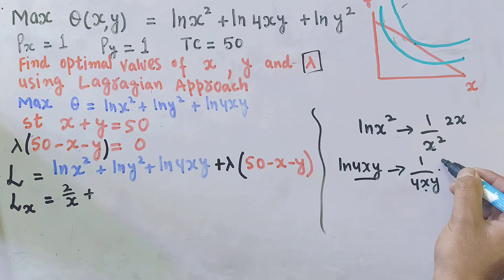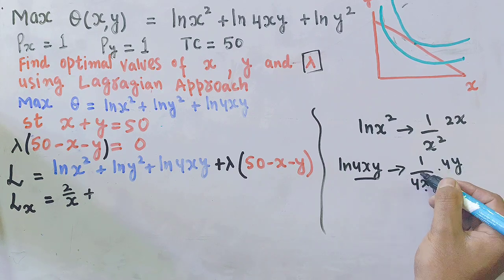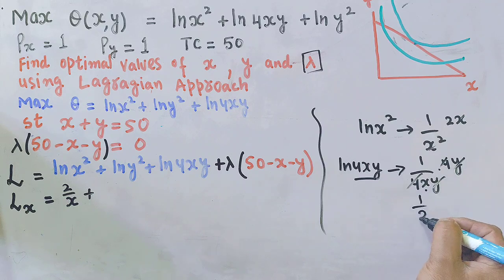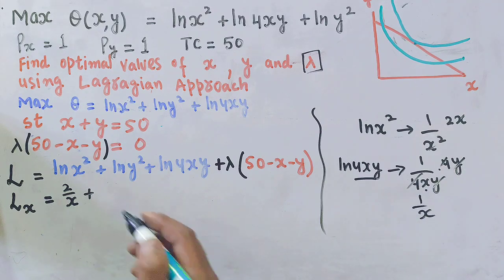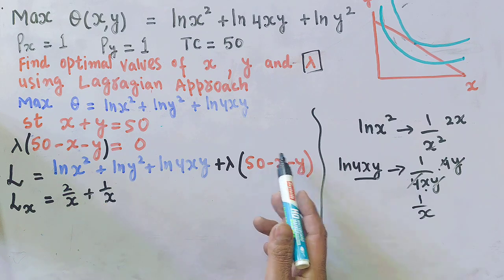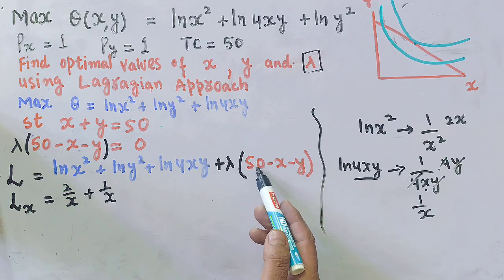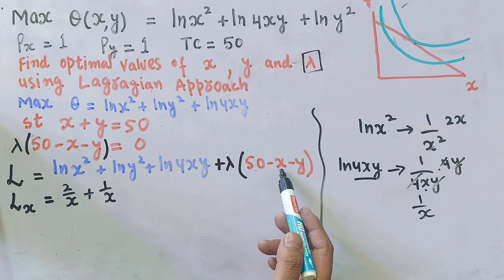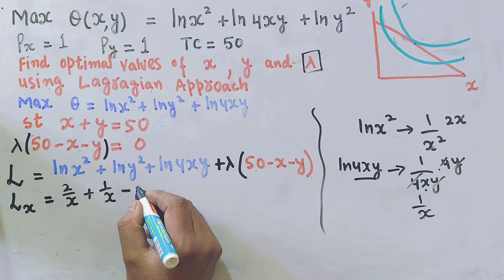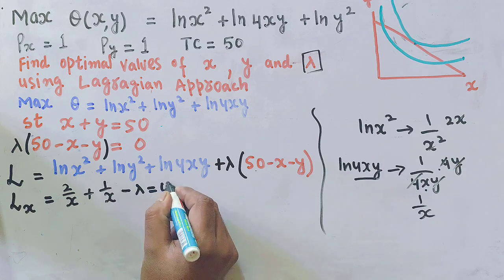The derivative of x is 1, so we are left with 4y. 4 gets cancelled, y gets cancelled, so we are left with 1 upon x. Okay, so we get here 1 upon x. Now the derivative of the constant is 0. The derivative of x will be 1, so we are left with minus 1 into lambda, which is minus lambda, and we set it equal to 0.